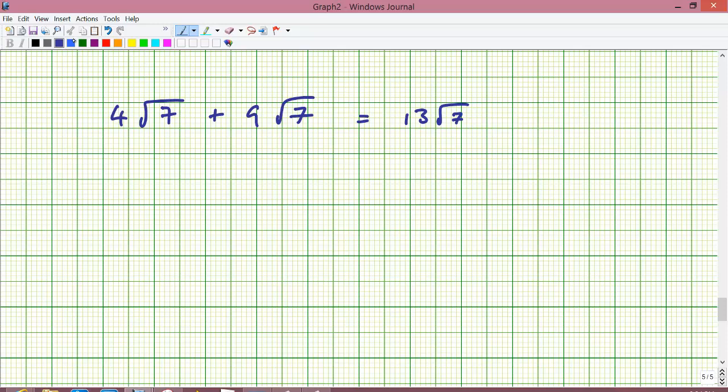Now, sometimes it's not obvious that they do have a common factor. They look quite different. But then you can look at the second expression and realise that actually root 12 can be simplified a little bit further. So let's try that. So 8 times root 12 becomes 8 times the square root of 4 times 3.